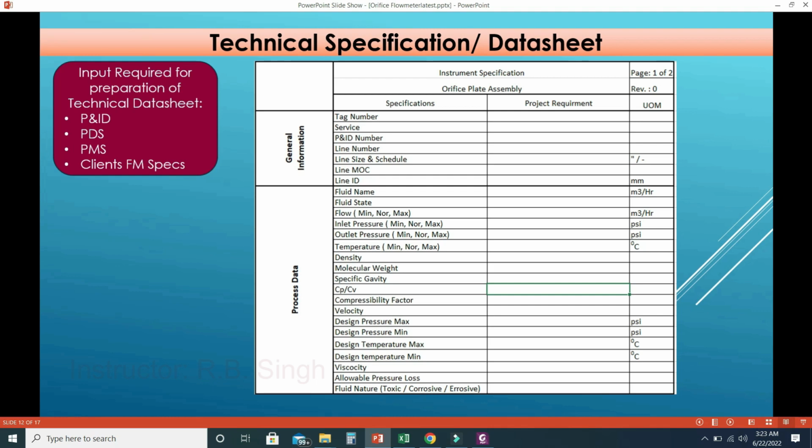And the design conditions, like minimum and maximum design pressure, minimum and maximum design temperature, viscosity, these kinds of things we require. And allowable pressure loss, this is very important, because whenever we review the sizing calculation, we have to check whether the calculated pressure loss is more than allowable or not. Then fluid nature, like whether it is toxic, corrosive, or erosive. So this process data will also be required during the preparation of technical data sheets.